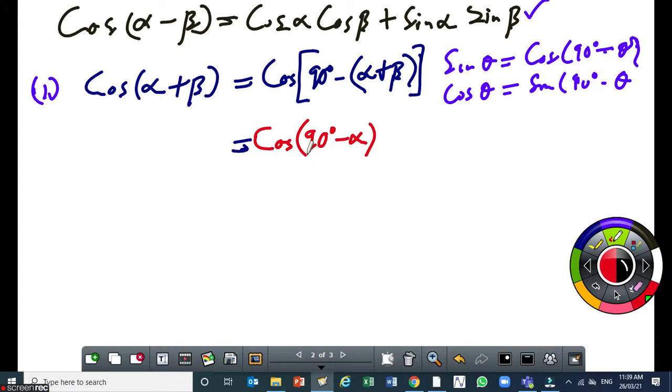But there is a minus there. So to cater for that minus, I'm going to say minus, which is this minus here, then I'll put beta and then close the bracket. So I'll put a square bracket like that. So I have joined the alpha and the 90 degrees and separated the beta on its own so that it will look like this. I hope you can see what I'm saying. You see, I've got this alpha here. That alpha will be like this, 90 minus alpha. This minus beta is going to be the minus beta.